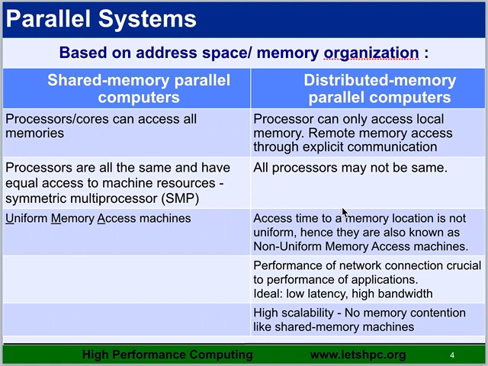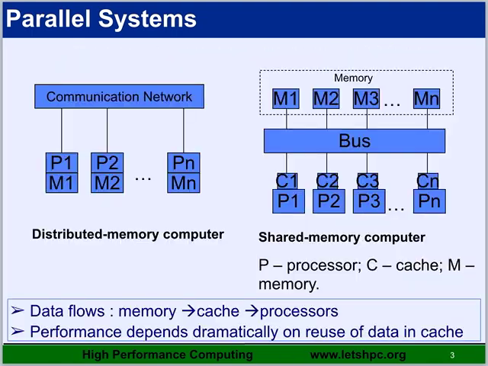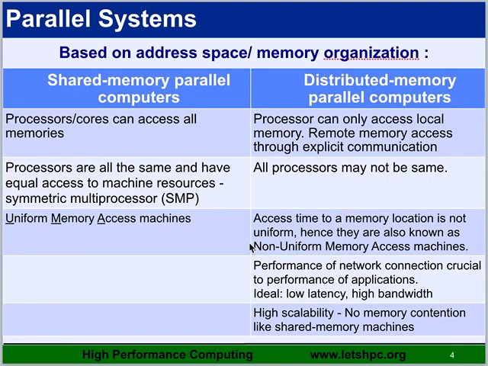Now, as we have seen in the previous slide, if we go back here, this communication network plays one of the major roles, and it determines how efficient your program is. The access time to the memory of another processor depends significantly on the network connection. So you can say that the network connection plays a crucial role in determining the performance of a given code.